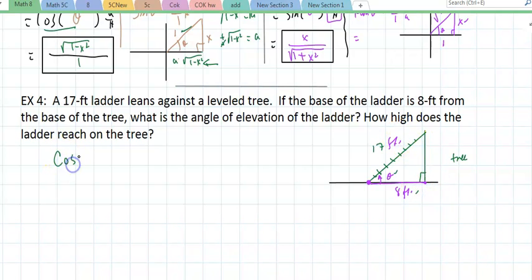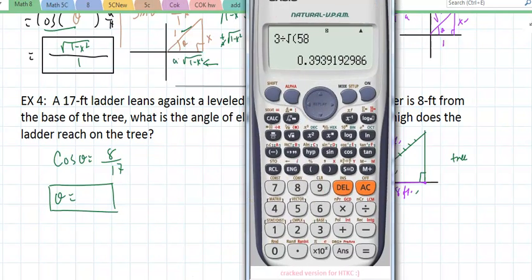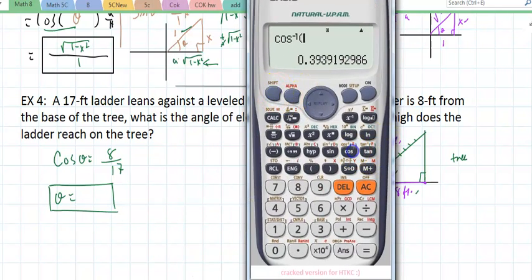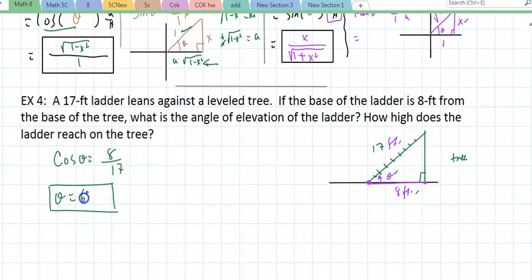Wouldn't that mean the cosine of theta equals 8 over 17? And theta would be the inverse cosine of 8 divided by 17, which is 61.9 degrees.